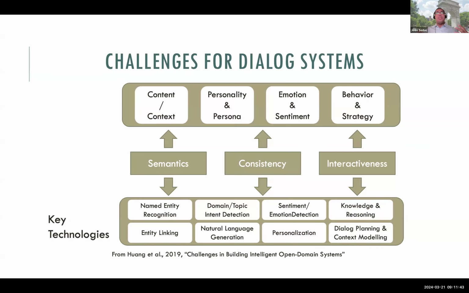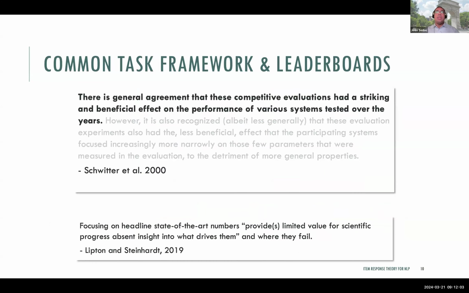How do you start to judge them in order to have sort of a commonality, right? So at the top level, these factors are going to be very specific to a particular context and problem, whereas the technologies are going to be more intrinsic and should domain generalize. And so this led to the development of the common task framework and leaderboards.